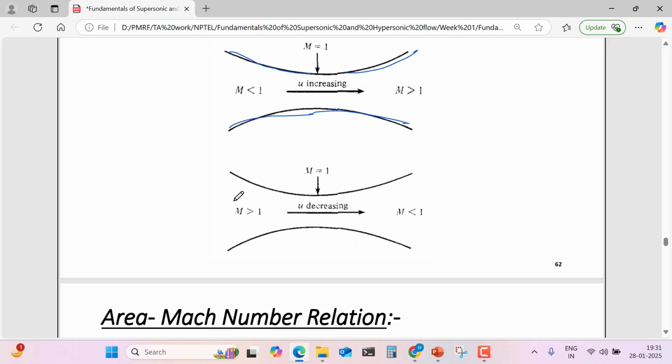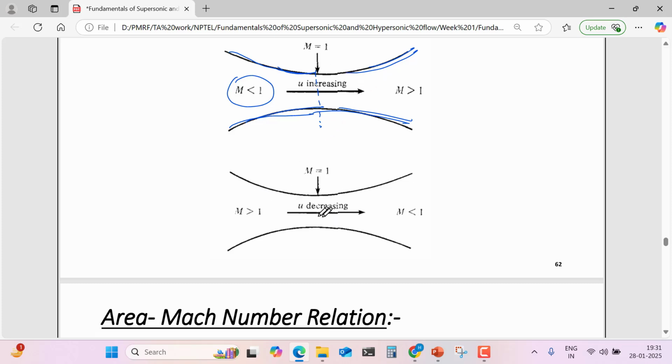If upstream Mach number is less than 1, then first Mach number will go to M equal to 1, because the area is decreasing, so Mach number will increase, u will increase, and here area is increasing, so Mach number will increase because u will increase, because here M is greater than 1 this side.